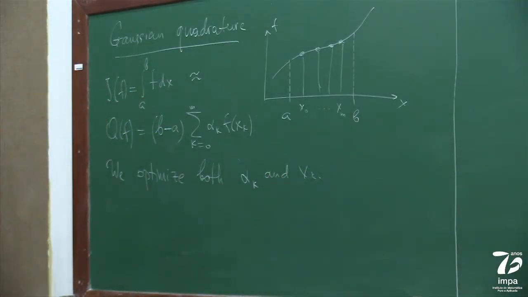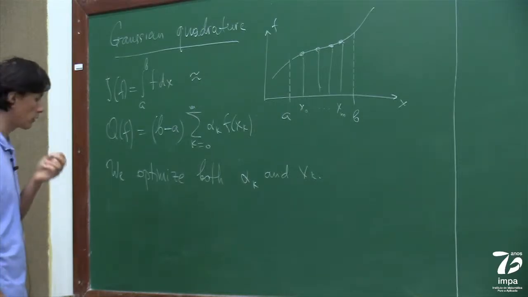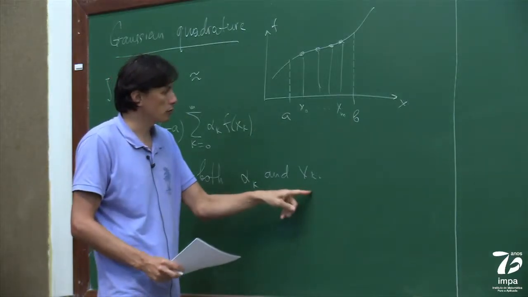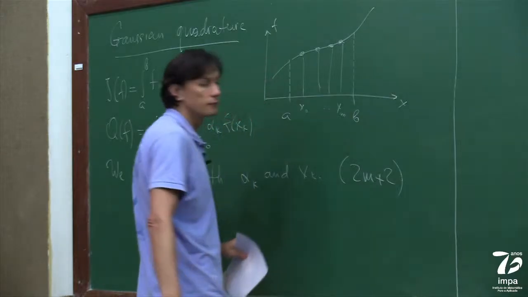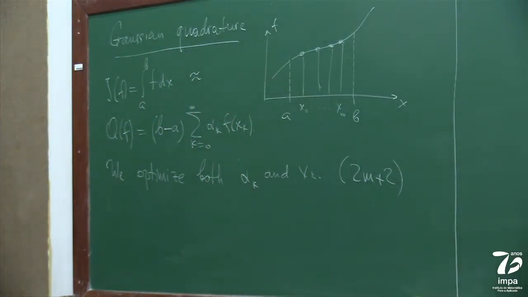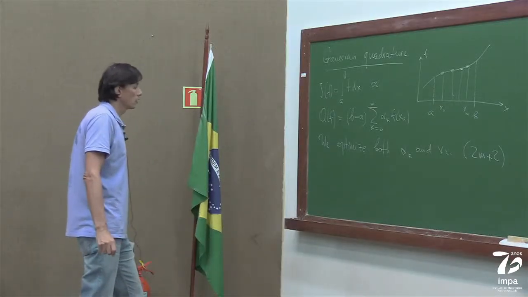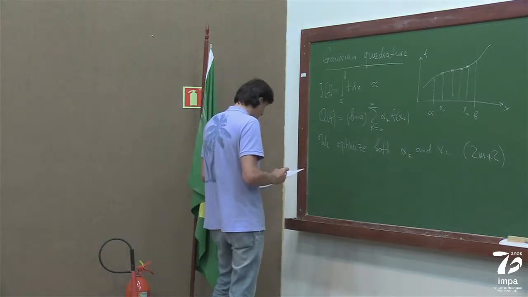So how many of them? We have m plus 1 weights and m plus 1 points. So it means that there are 2m plus 2 free parameters.